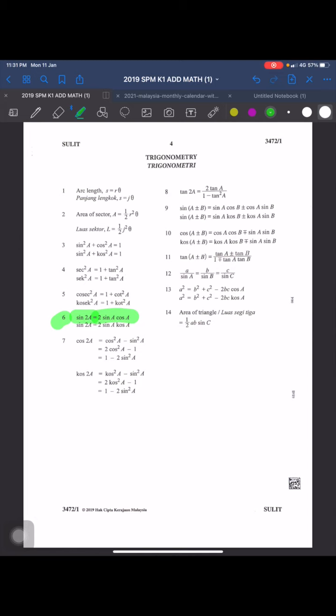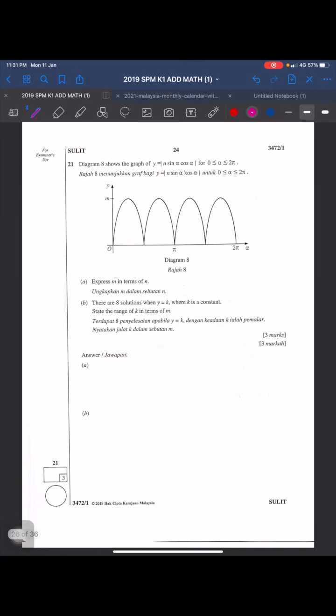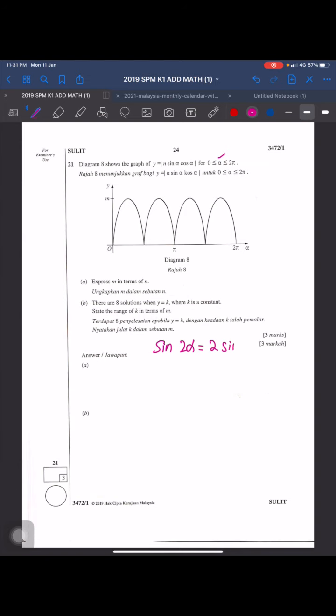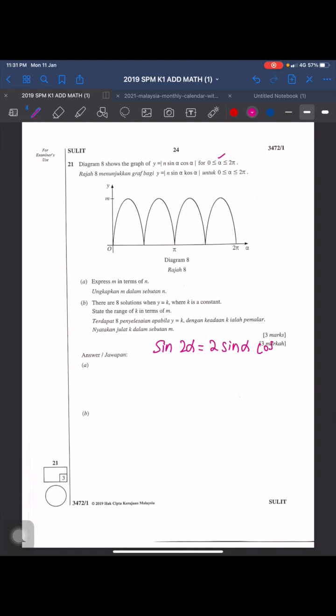Kita cuba gunakan equation ini untuk menjawab soalan kita. Di sini tak ada alpha, so kita cuba ubah. So sin 2 alpha is equals to 2 sin alpha cos alpha. Saya salin balik equation yang asal.